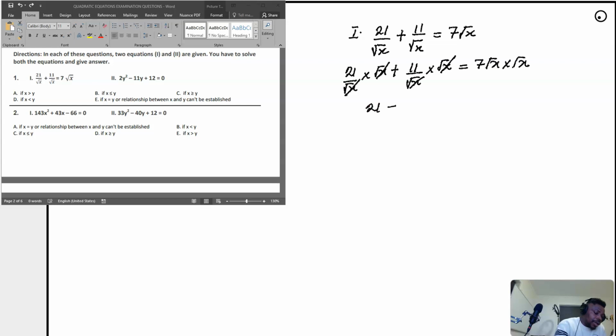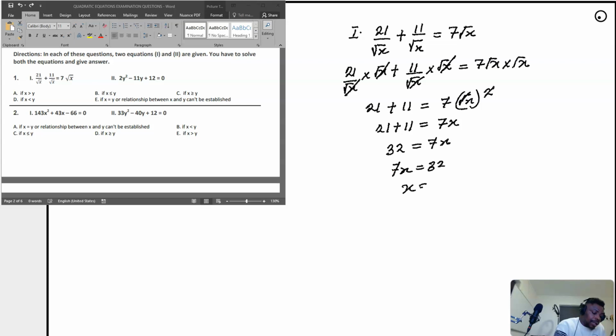So this is 21 plus 11 is equal to 7 root x squared. So 21 plus 11 is 32, and this is 7x. So 32 is equal to 7x. So divide through by 7. So x is 32 over 7.